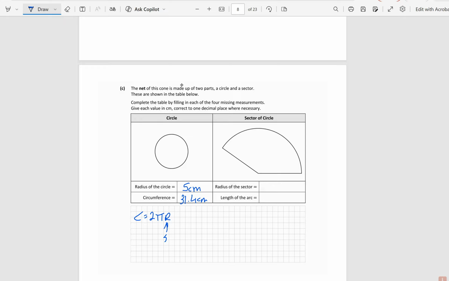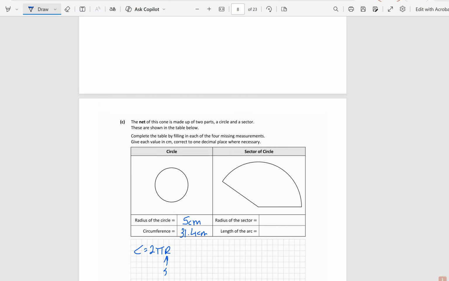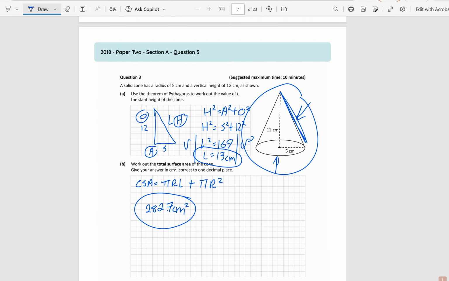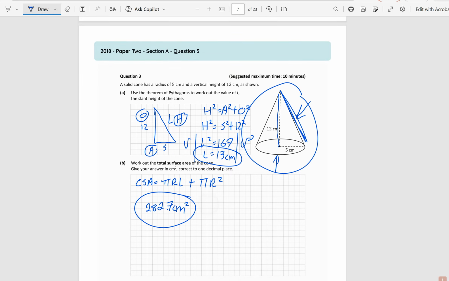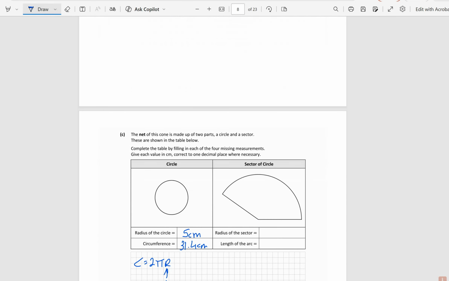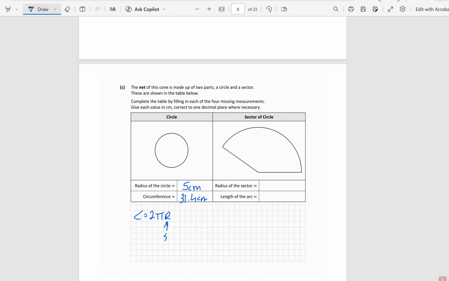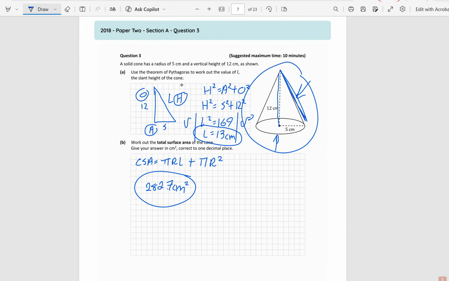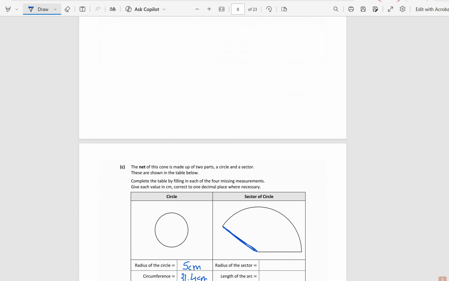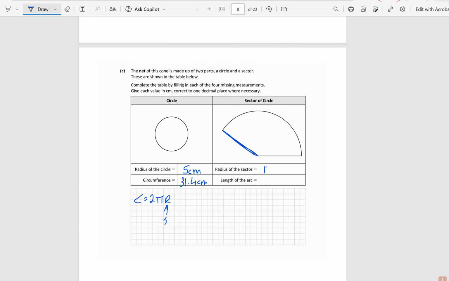This bit here then, essentially is, if we cut this cone and started folding it out, if you remember I did it in class, I cut it and folded it out, what would it be? Well, the radius of the sector, so this bit here, is actually the slant height of the cone. Look here, you cut it. So slant height of the cone if you folded it out. We got that already, that was 13 centimeters.